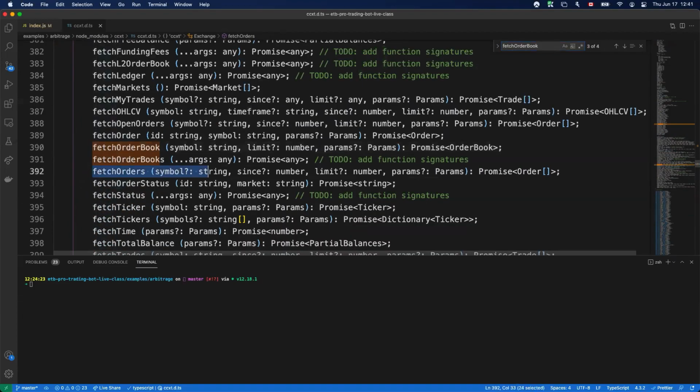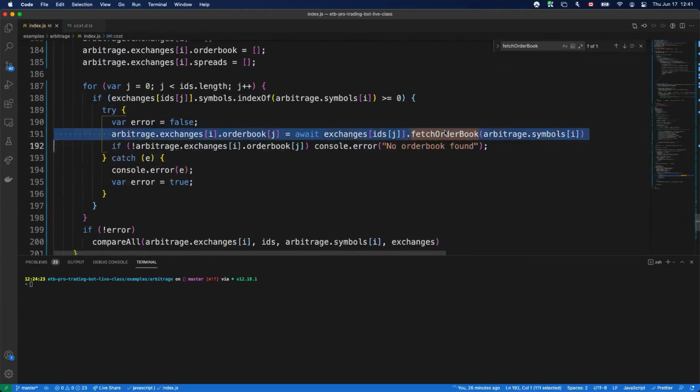So you can use the function fetch orders, not order book, and you can specify since when you would like to get all the orders and how many orders you want to get. So it's fetch orders, not order book. Fetch orders will give you all the historical data.